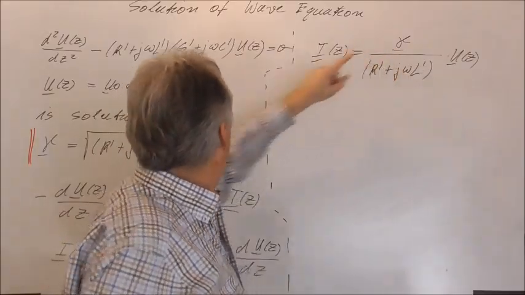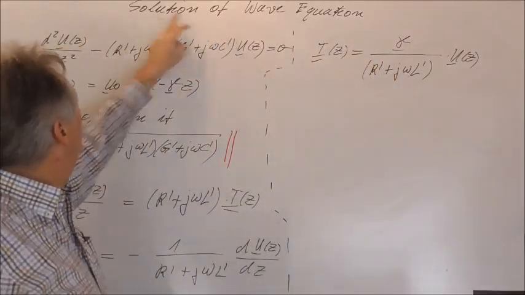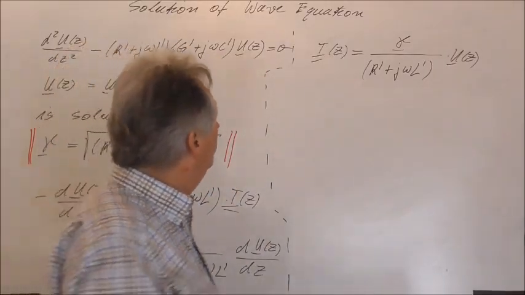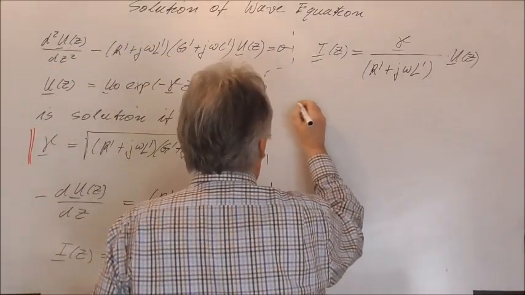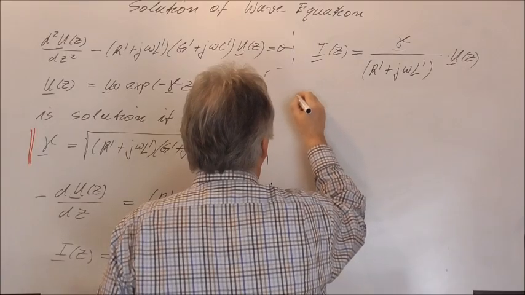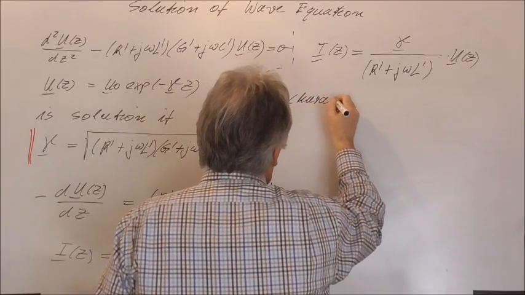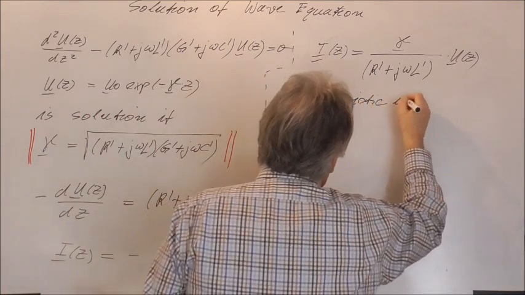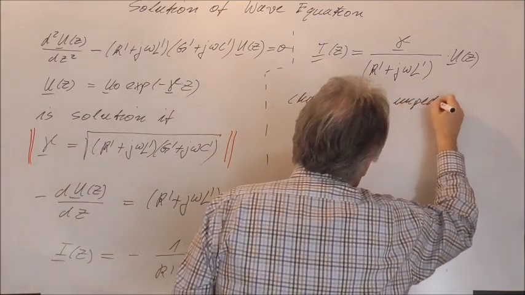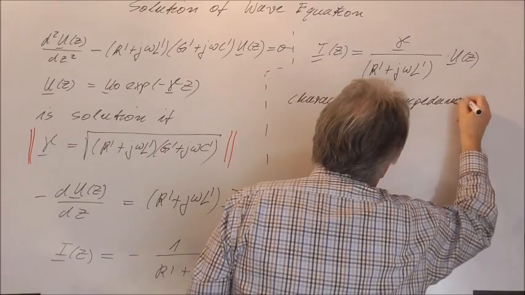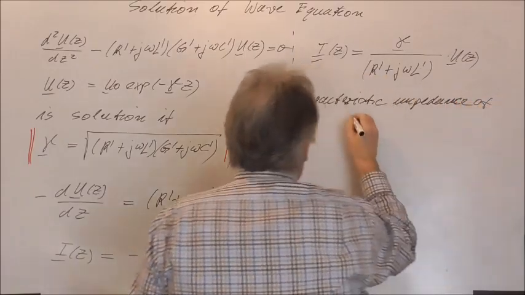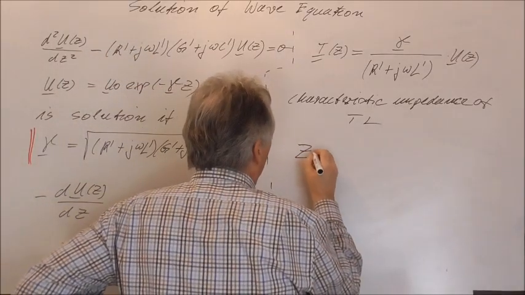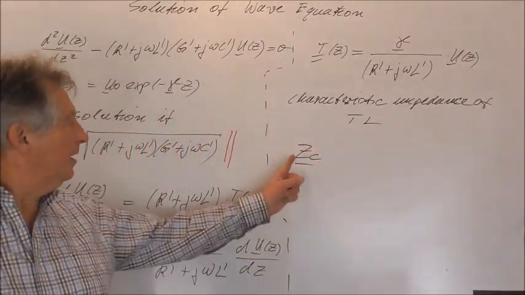which is only dependent on the parameters which describe our transmission line, and normally we will introduce the so-called characteristic impedance of the transmission line, which we call ZC.